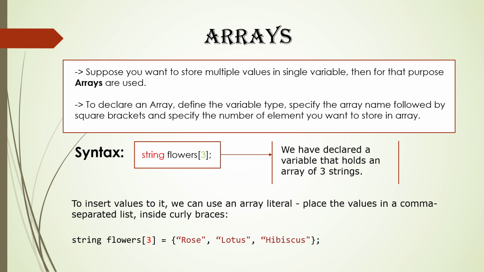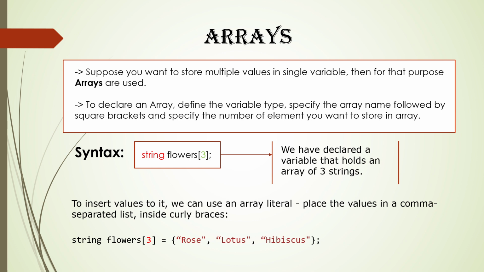Since we have created an array, now comes how we should insert values in it. So firstly, let's see how to assign a value. See the example here. I have created an array named flowers, and in this I can store 3 values of string data type. So I have stored 3 flower names, that is rose, lotus and hibiscus.